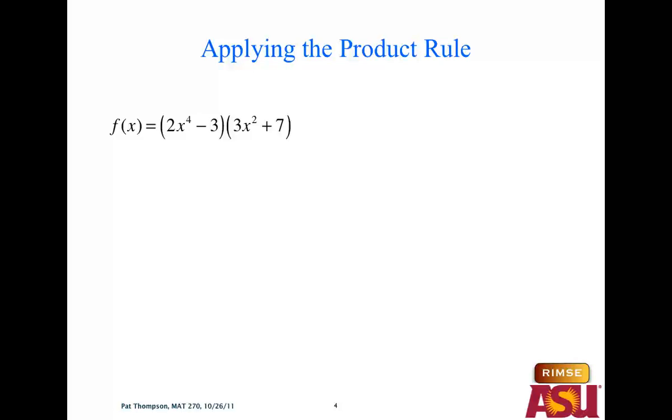The big picture of function f is the product of two things. Okay, and so we'll call them G and H. And so the big picture will then govern how we take the rate of change. So what rule are we going to use if the overall structure is a product? We're going to use the product rule.